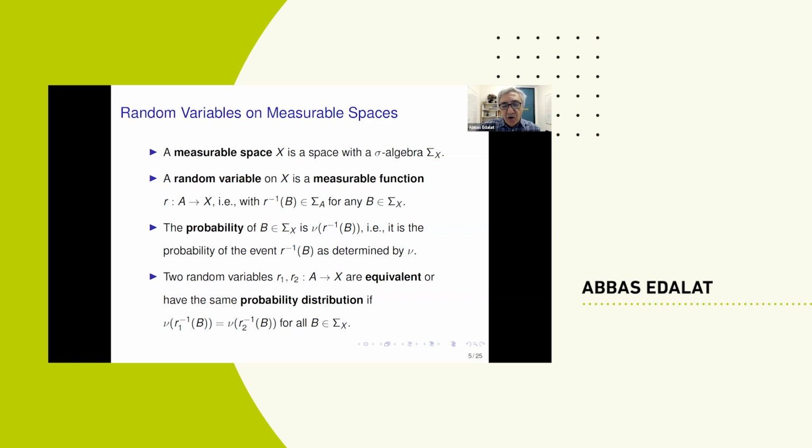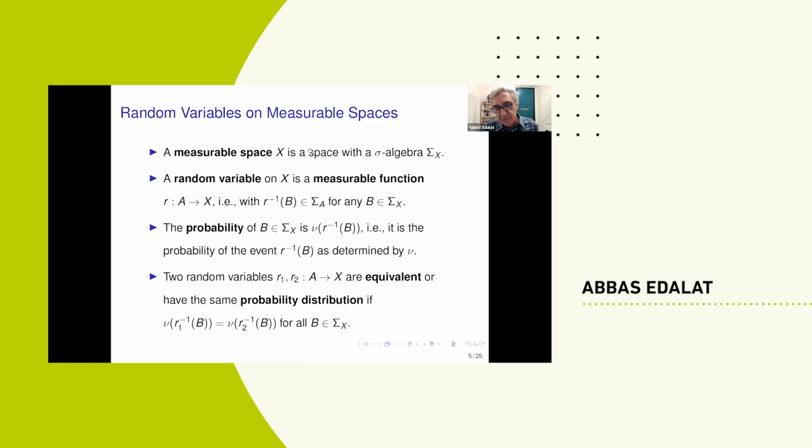And the probability of an event in the measurable space X is the probability induced by that random variable R. This is called the push-forward measure, the push-forward probability distribution induced by R. It is just nu of the inverse image of the event B. It is the probability of the event R minus 1 of B as determined by nu, or the induced probability of B that R induces.